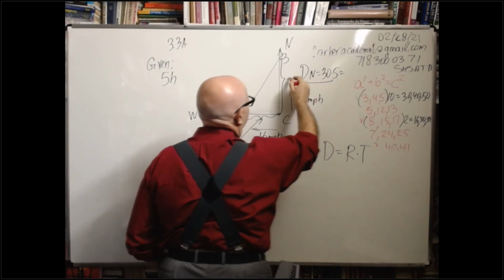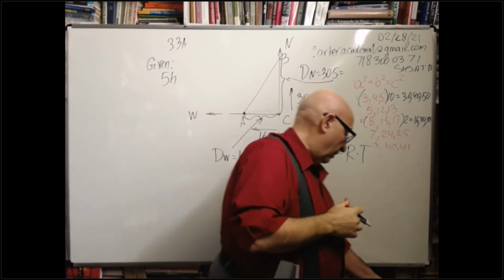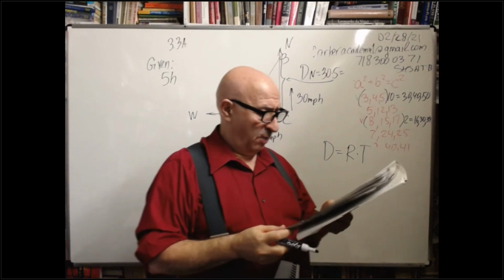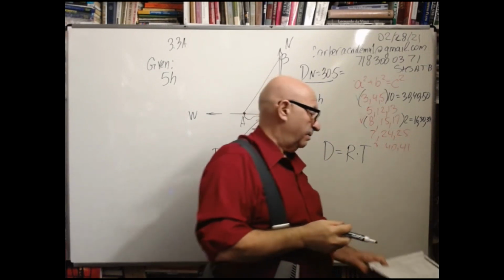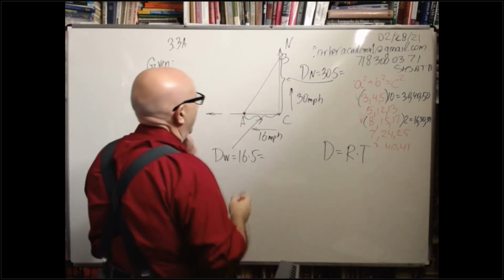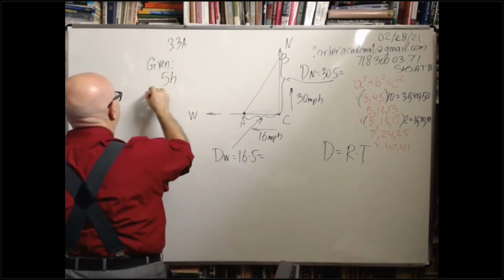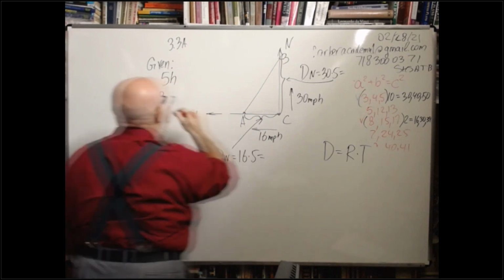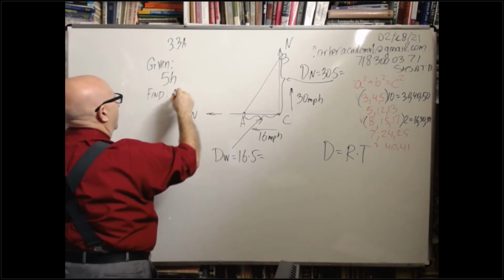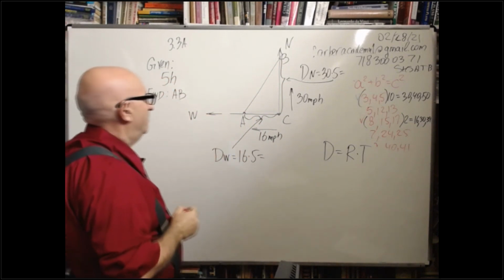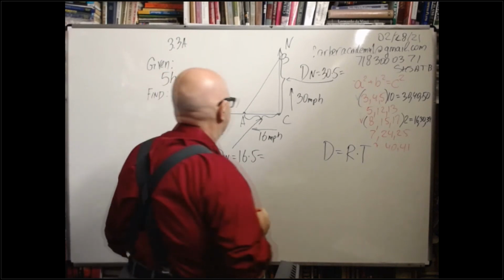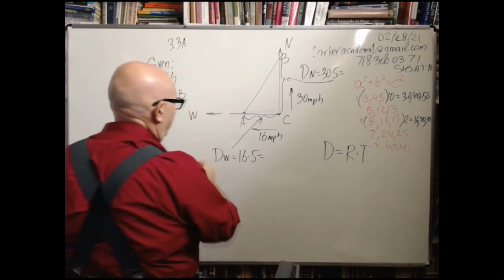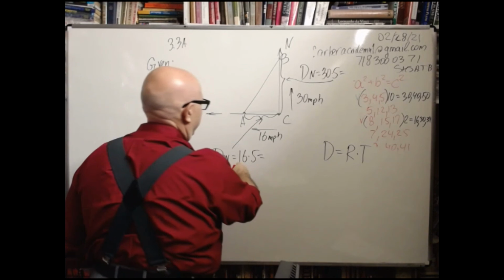Let me read the question again. The question is, how many miles apart? They ask you to find the distance between these two boats, A, B. So in this triangle, not to confuse, we have a triangle. This 16 times 5.